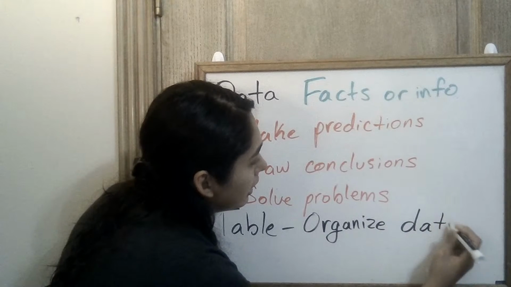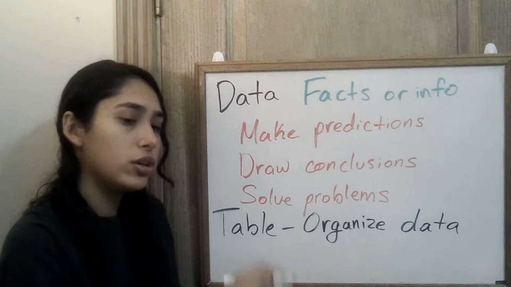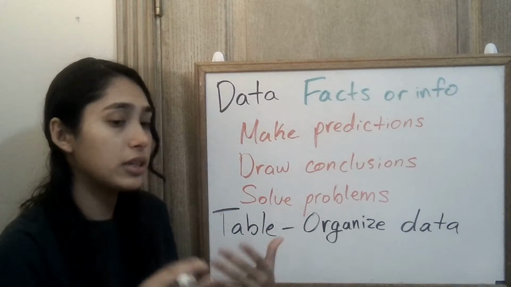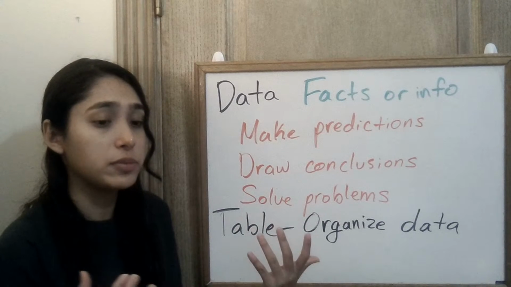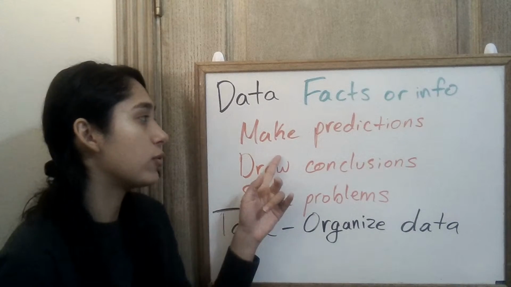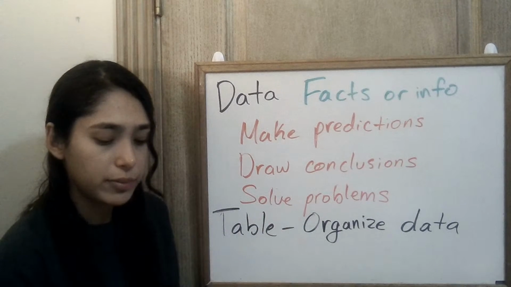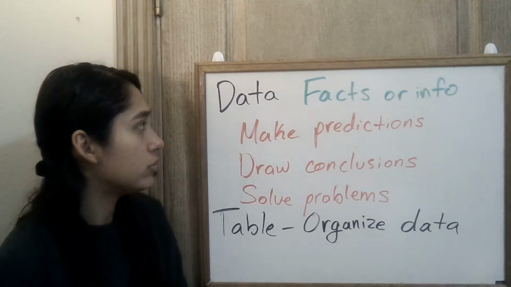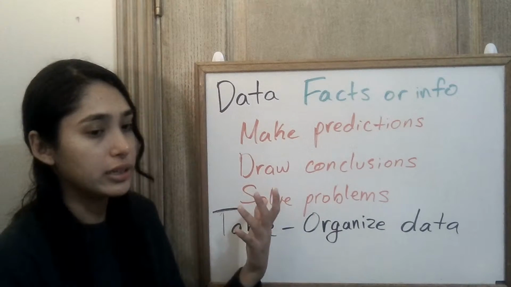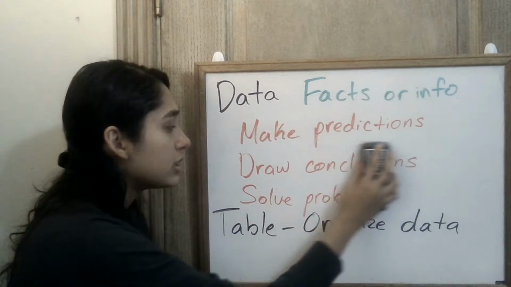Let's say I gave you a huge list with a bunch of information. If it wasn't organized, it'd be very difficult to make sense out of it, and therefore draw your conclusions and predictions from it.